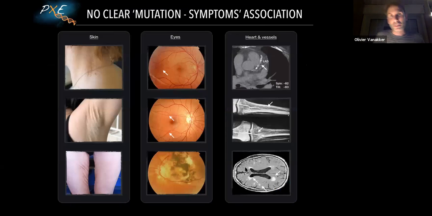And the answer to that is no, because there is no clear association between mutations and symptoms. You cannot predict the symptoms, the course of the disease, or the aggressivity of the disease based on the mutations that you find in, for example, ABCC6.